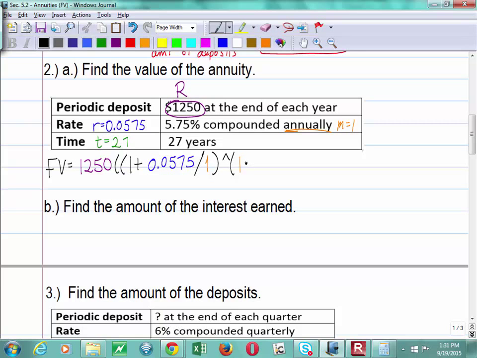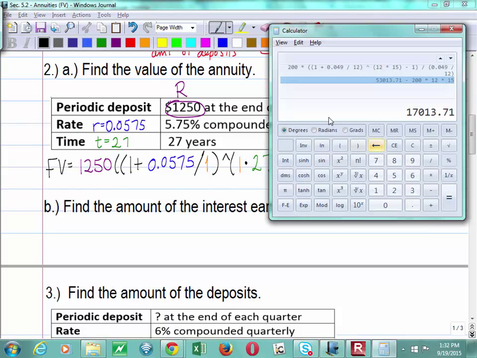Again, you don't really have to put the 1 times, that doesn't do anything either. Minus 1. And that's all over 0.0575 over 1. Okay, so let's put that in the calculator and see what we get.